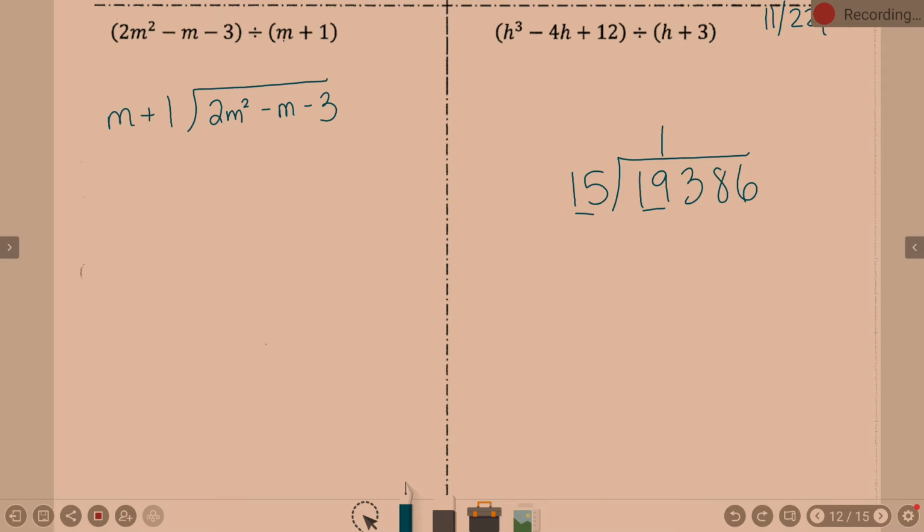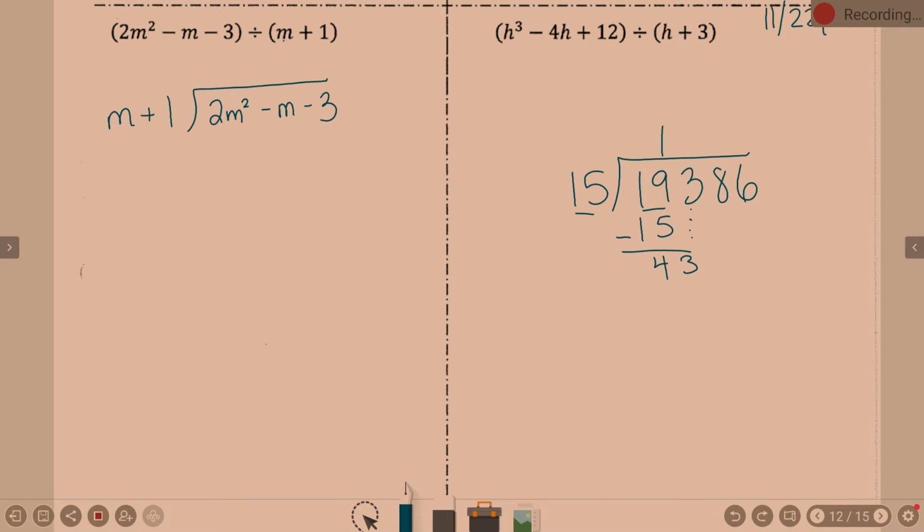Then we take that 1 and multiply it by whatever you have out here. So what's 1 times 15? 15. After we multiply, we subtract. 19 minus 15 is 4. Then bring down the 3, carry down your next digit, and we're going to repeat the process.